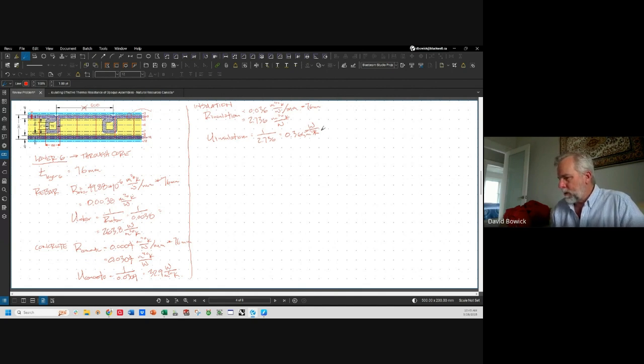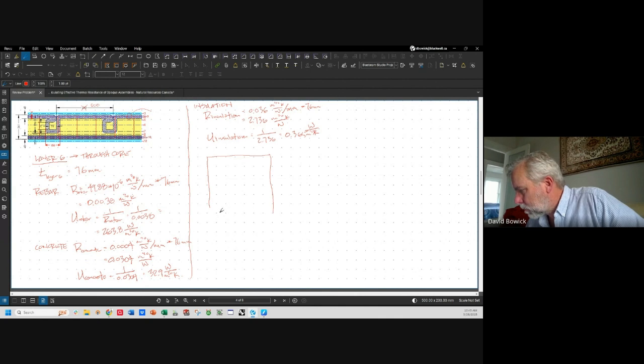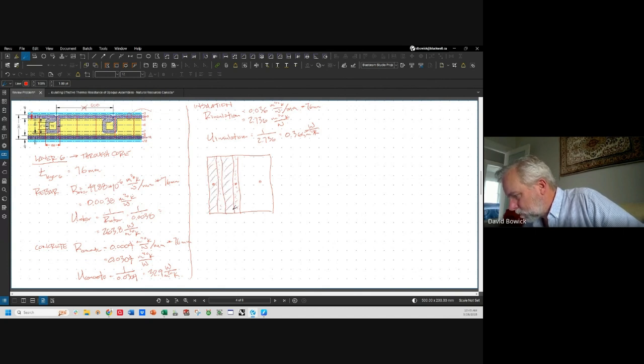Okay, now we've got within that layer all of our R values and U values. Now we need our areas. So in this case, through the core, we have two stripes that are 40 millimeters wide, and we have 3 bars running through, right? So that's hatched like concrete. That's our insulation through the core.